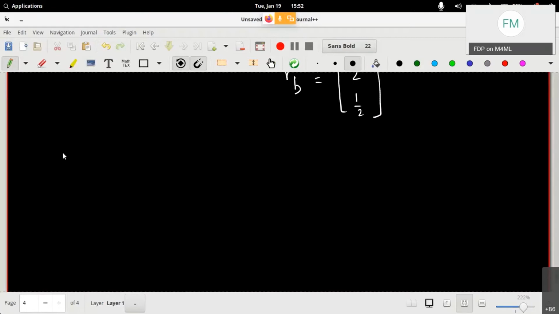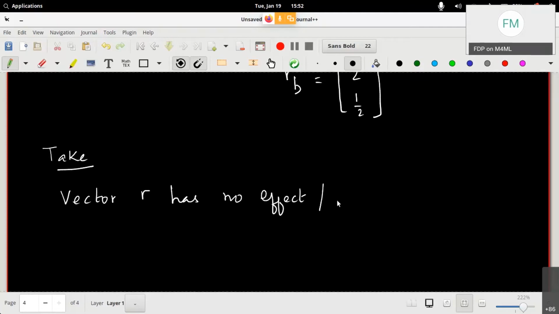Okay, the whole takeaway here is simple. If you look at the vector R here, that has no effect, or I would say that is independent of basis.